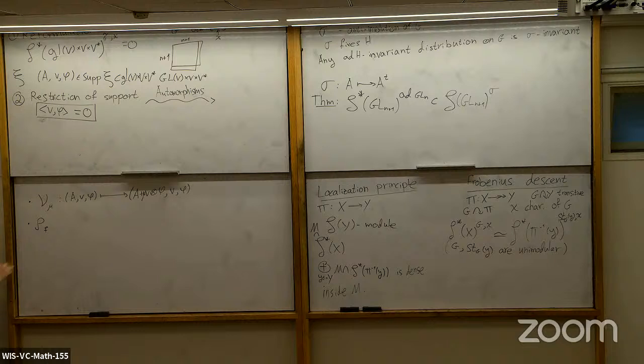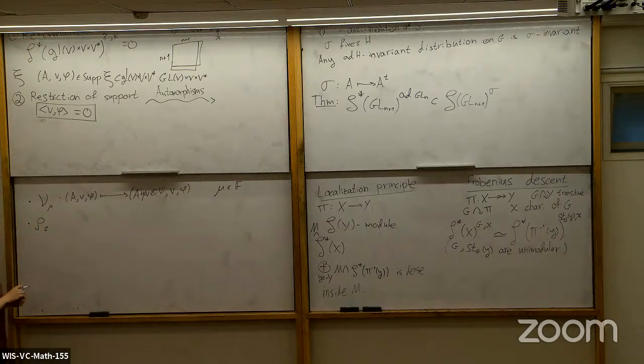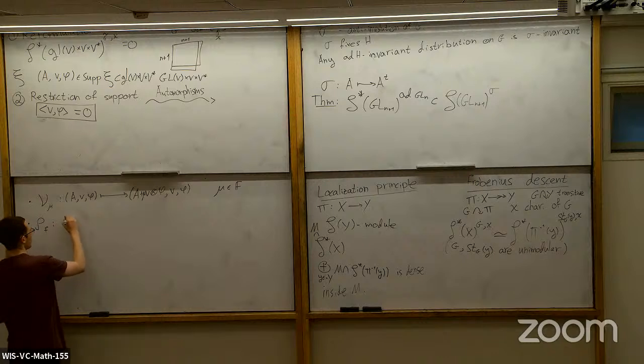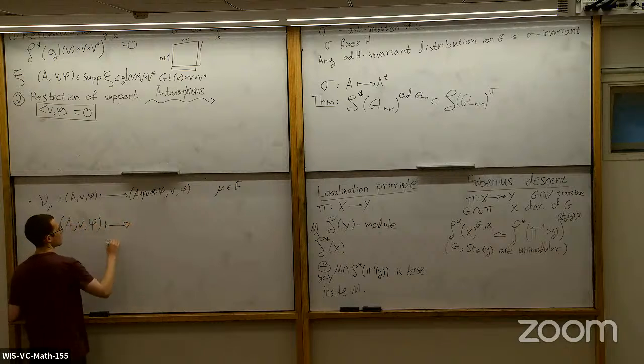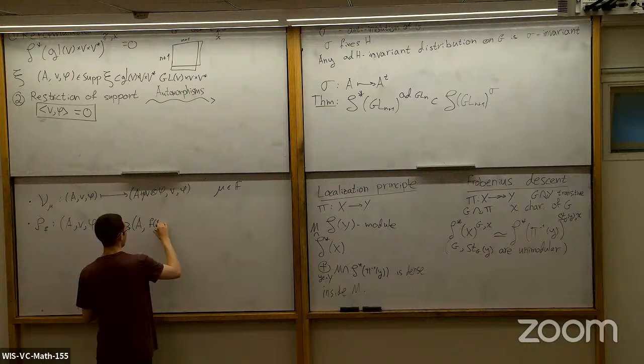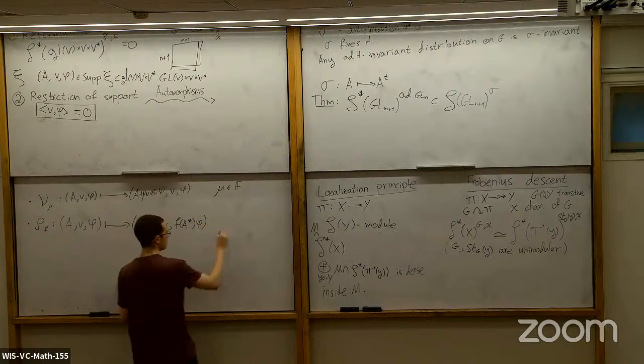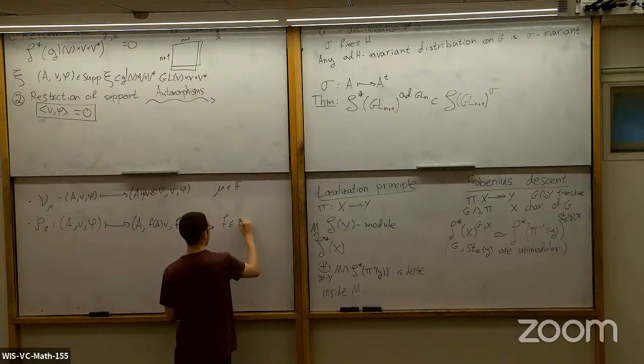Here f is a polynomial, and mu is a scalar in F, the field which we are working over. rho_f is defined as (A, v, phi) goes to (A, f(A)v, f(A star)phi). Here f is a polynomial.